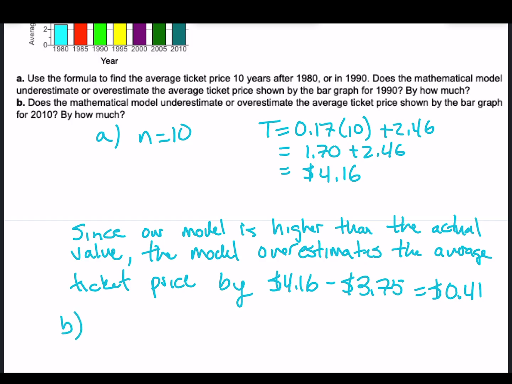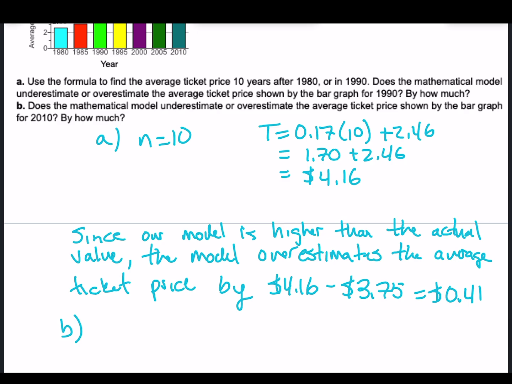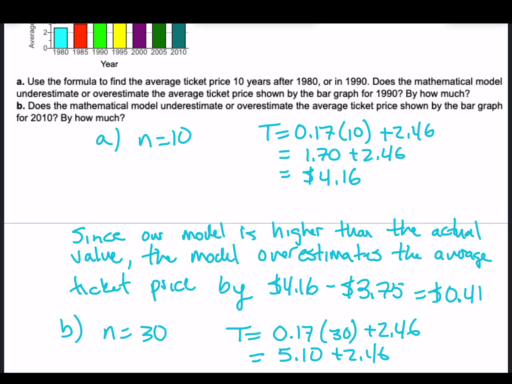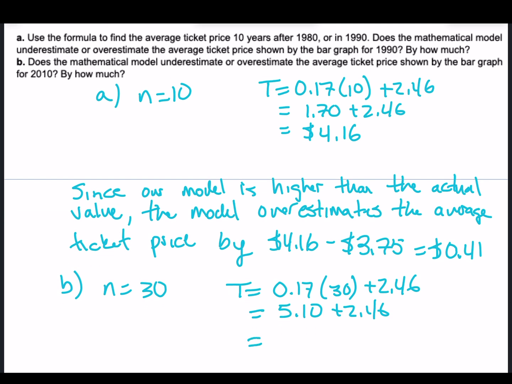So part B, and we're going to use the same formula, except this time our n for 2010, the difference between 2010 and 1980, is 30. So that's how many years have gone by. So we plug that in, 0.17 times 30 plus 2.46 from our original formula. And 0.17 times 30, if you enter in your calculator, that's 5.10 plus 2.46. So our estimate is $7.56.